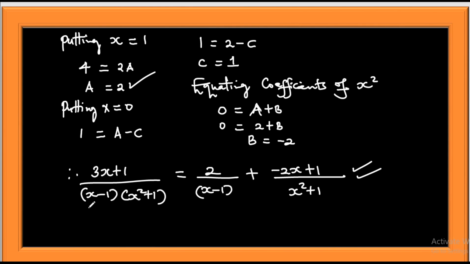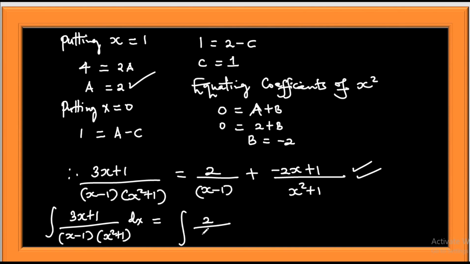When it comes to integration, we shall now say therefore the integral of 3x plus 1 divided by x minus 1 into brackets x squared plus 1 dx is equal to the integral of 2 out of x minus 1 with respect to x plus another integral of negative 2x plus 1 divided by x squared plus 1 with respect to x.